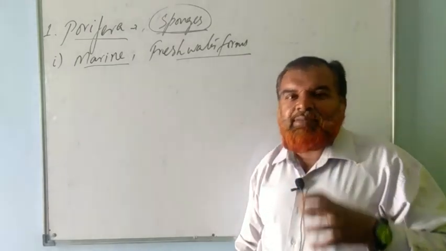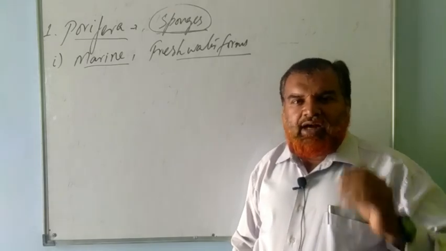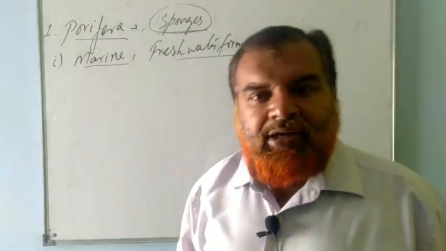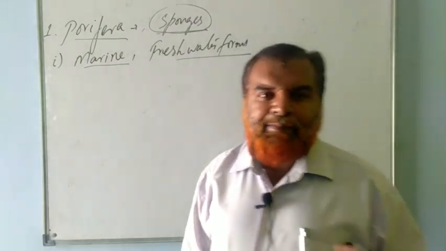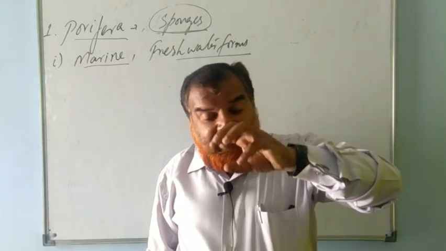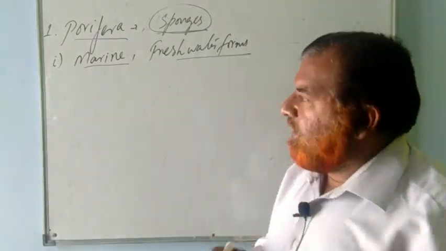So the basic animals, the very first animals, are absolutely aquatic. It doesn't mean you come across only plants in a water body. There are many aquatic animals. So when life started, it started in water.